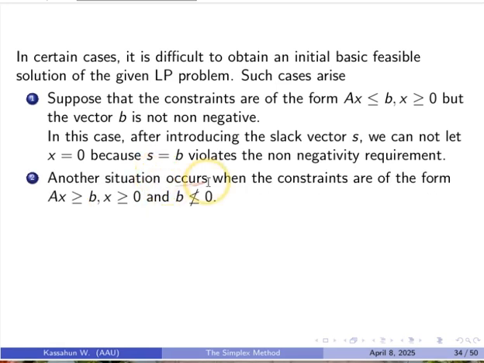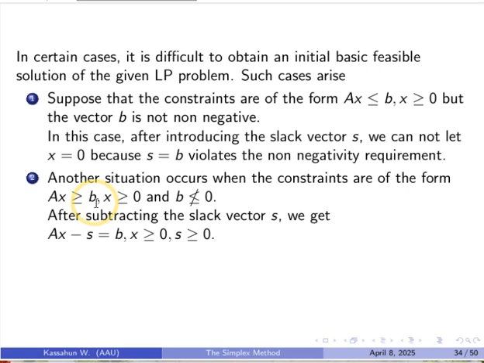Another situation occurs when the constraints are of this form, with b greater than 0. In this case, you are going to subtract something from all of them. So after subtracting the slack vector s, we get this: Ax minus s equals b, where x is greater than or equal to 0 and s is greater than or equal to 0.